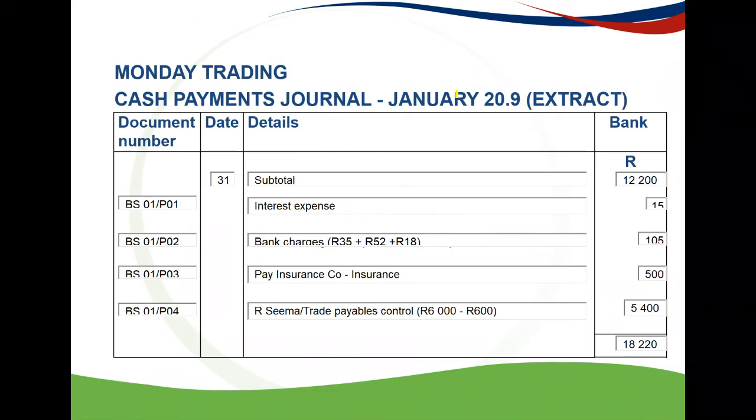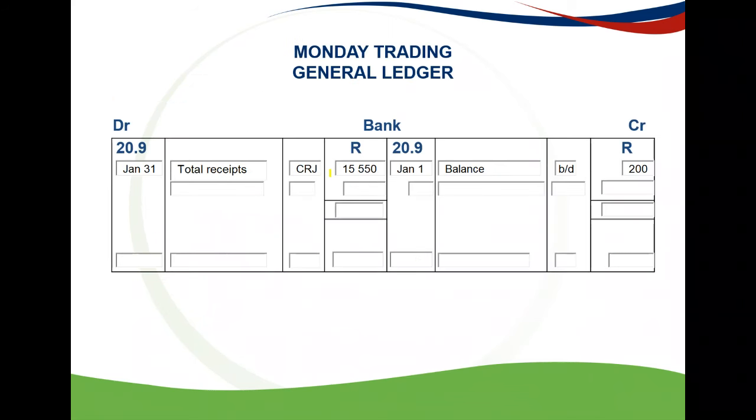Then we know our cash payments will decrease my balance, because it's payments. Payments decrease the balance of my bank account, and a bank being an asset will decrease on the credit side. So therefore, my total payments must reflect on the credit side of my bank account.